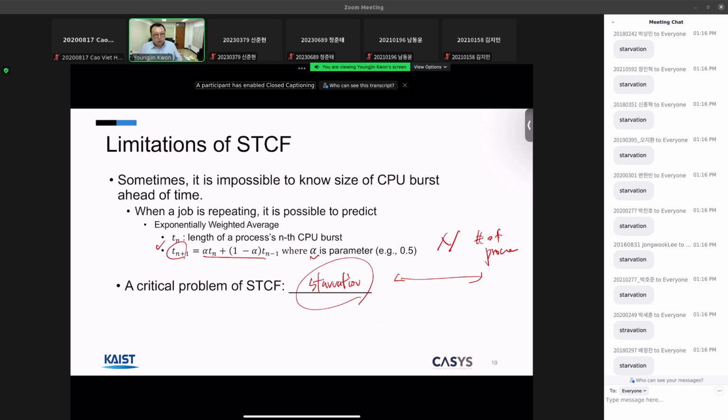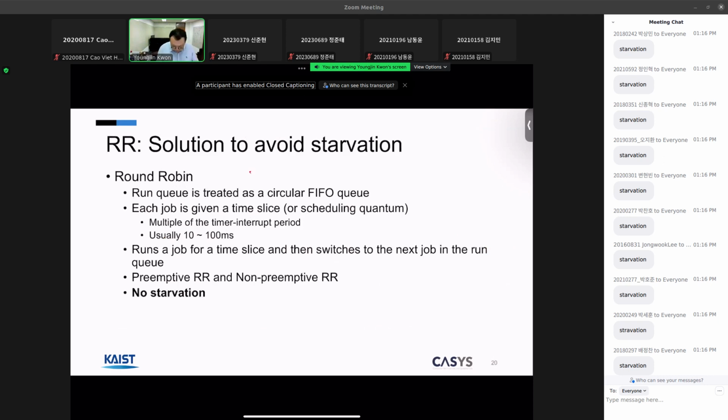Okay, so that's the common problem, and to avoid this starvation, one of the most general and well-rounded scheduling policies, called round robin, was invented. So let's talk about round robin. In round robin, each run queue is treated as a circular FIFO queue. So round robin is a variation of FIFO. Each job is given a time slice, also known as a time quantum.